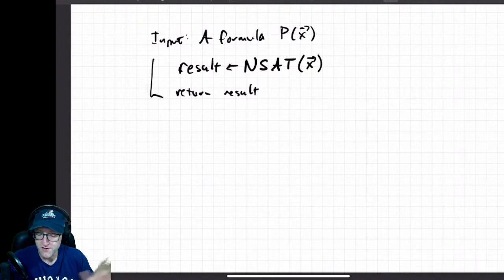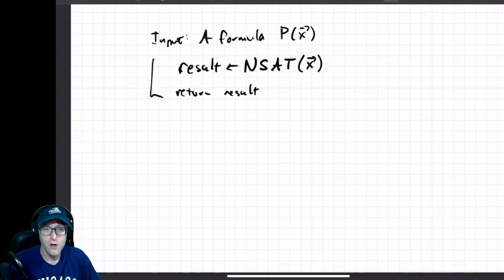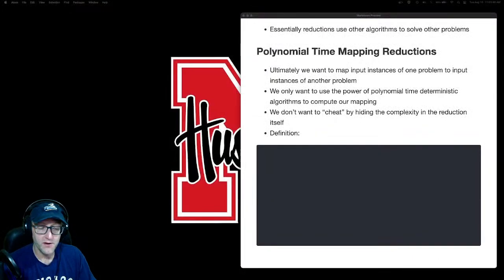It's just magic, right? But we can't ignore the fact that it is using non-determinism to get its result. So what we need is a stronger notion of reductions. We don't want to give that reduction the full power of non-determinism. We only want to use as much power as is in our algorithm itself.